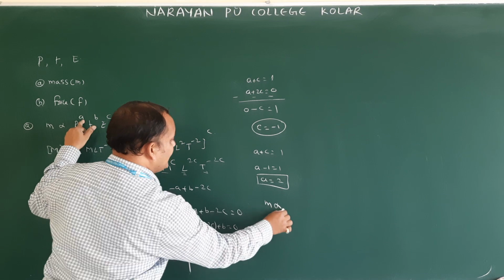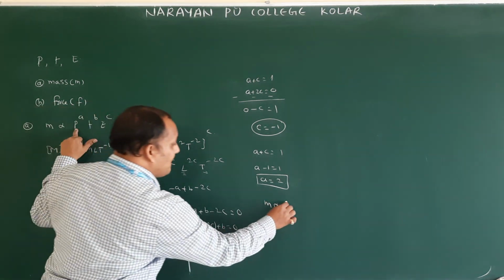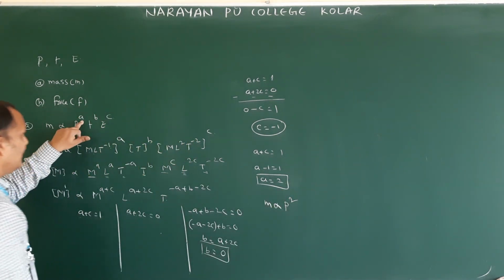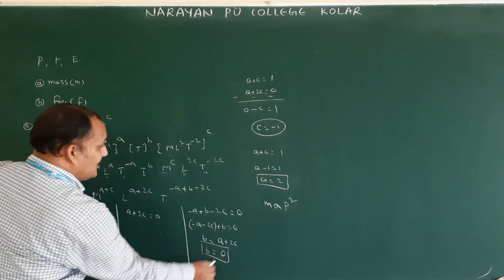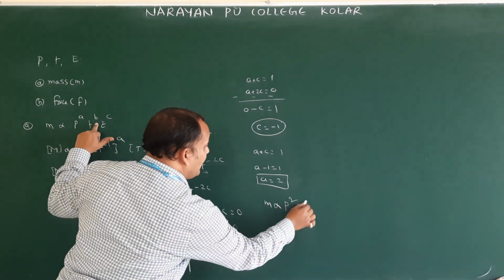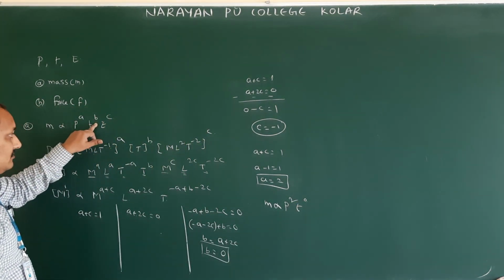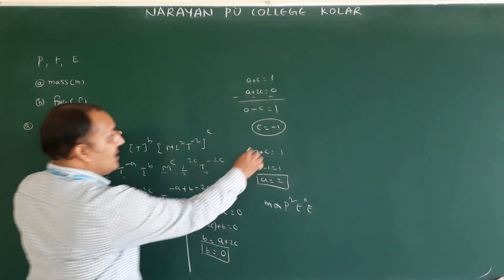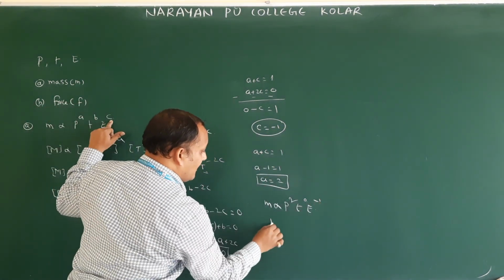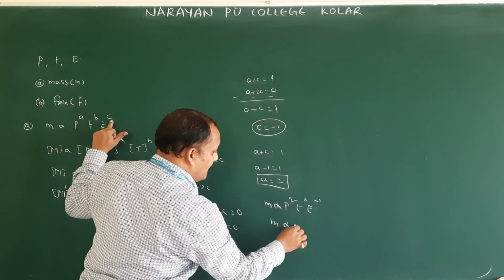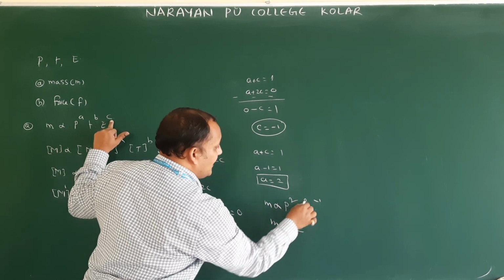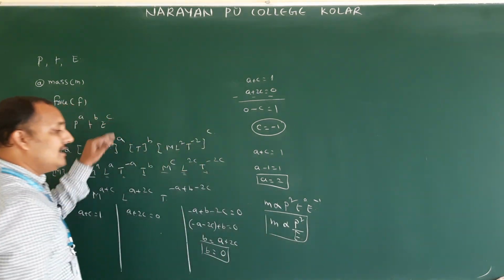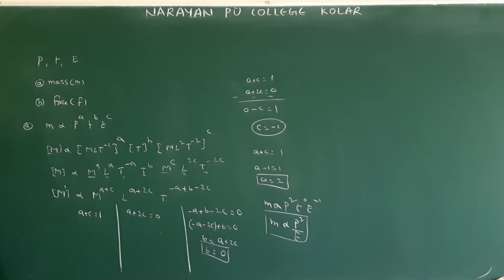M is directly proportional to P power A; A value is 2, so P square. B value is 0, so P power 0, not 0 into. Next, E power C; C value is minus 1. Therefore, M is directly proportional to P square by E, since P power 0 is 1. So this is the relation for mass in terms of momentum, time and energy.